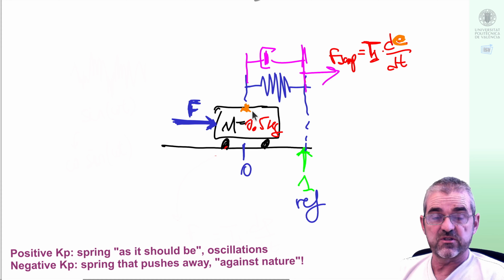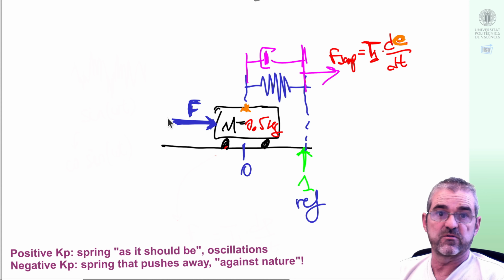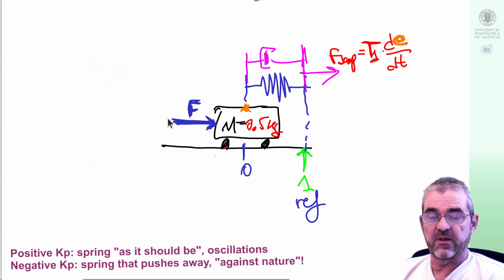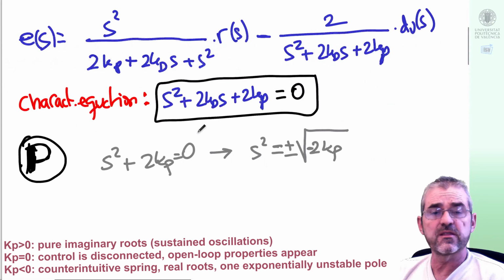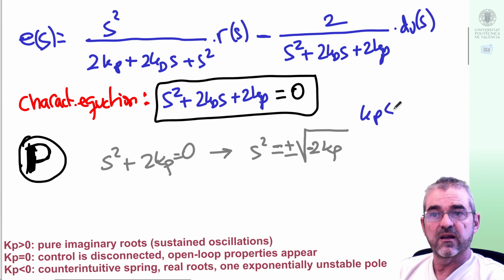That would be the positive k, the imaginary roots. And if this software spring exerts force in the wrong direction, in the sense that the further left the mass is, the higher the leftwards force is made, then of course that will quickly exponentially explode to infinite distance. And that is what we are discussing here. I mean, kp negative is nonsense from an intuition point of view.